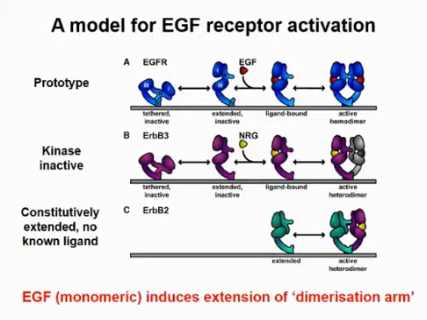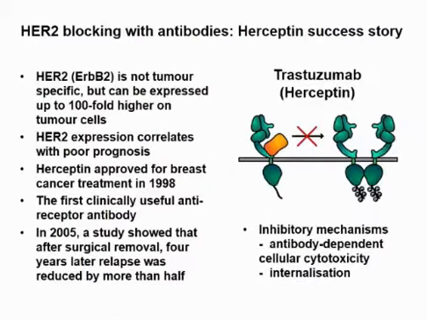And together they can form an active signaling unit. So you really don't want this one overexpressed, because it doesn't need a ligand to get active. But of course, overexpression is what happens in these breast cancers.